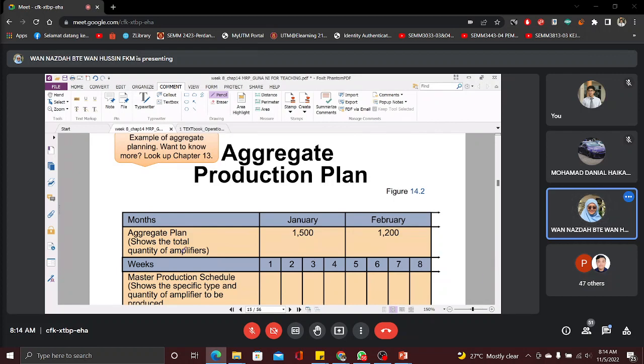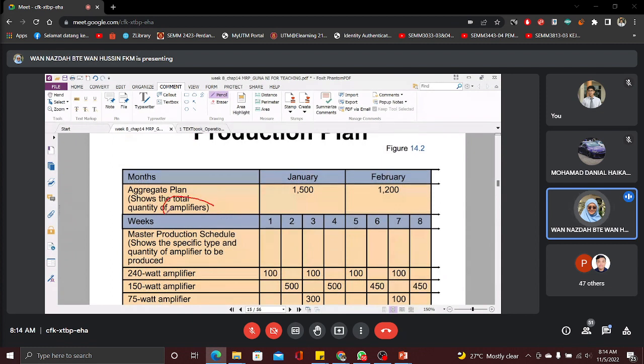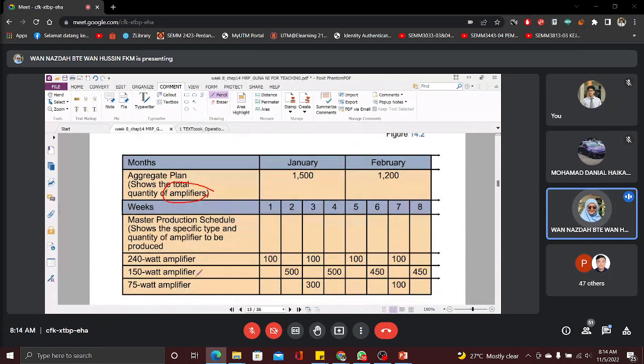The example given here is amplifiers. How many amplifiers have been produced by the company? There are 3 types of amplifier: 240 watt, 150 watt, and 75 watt.